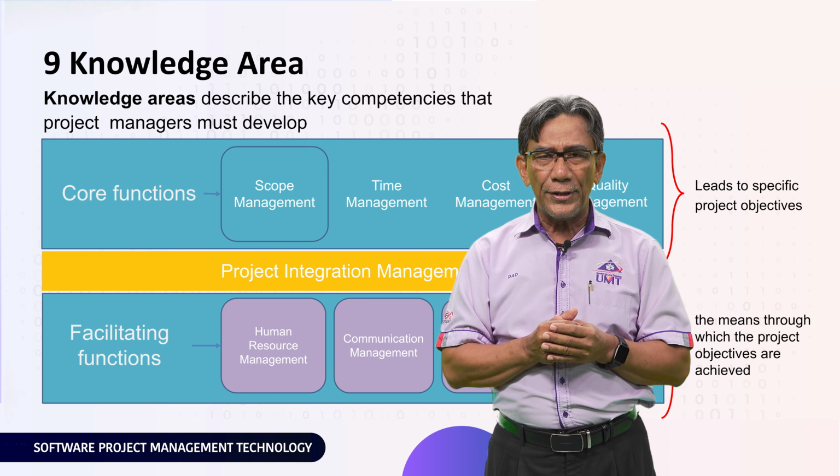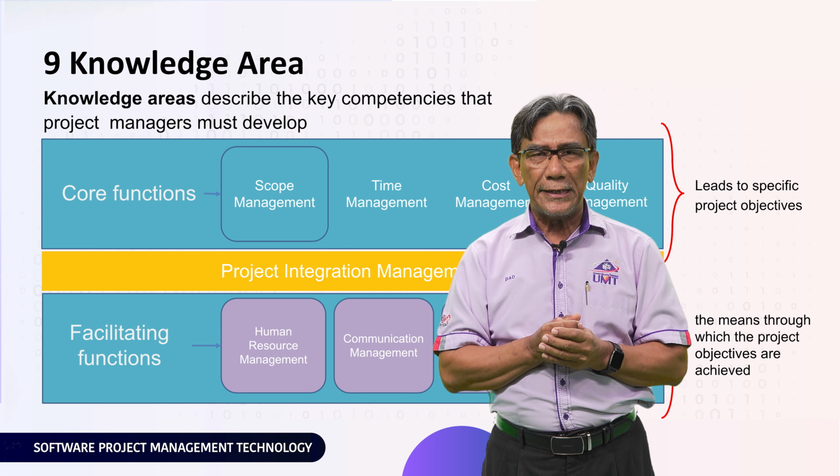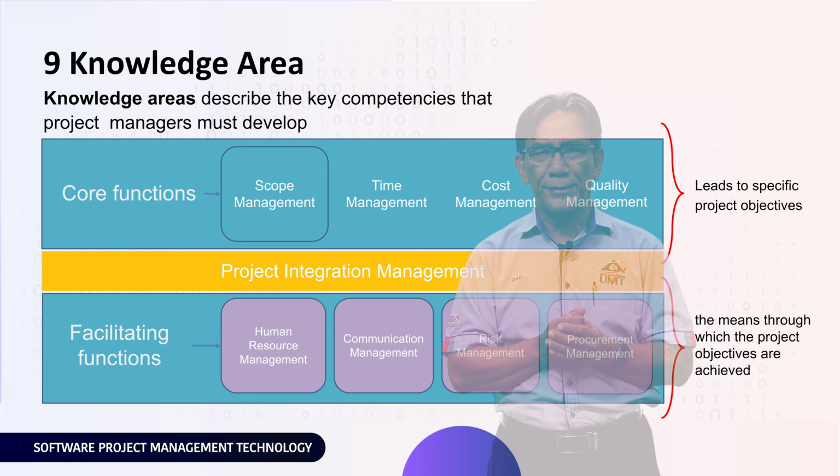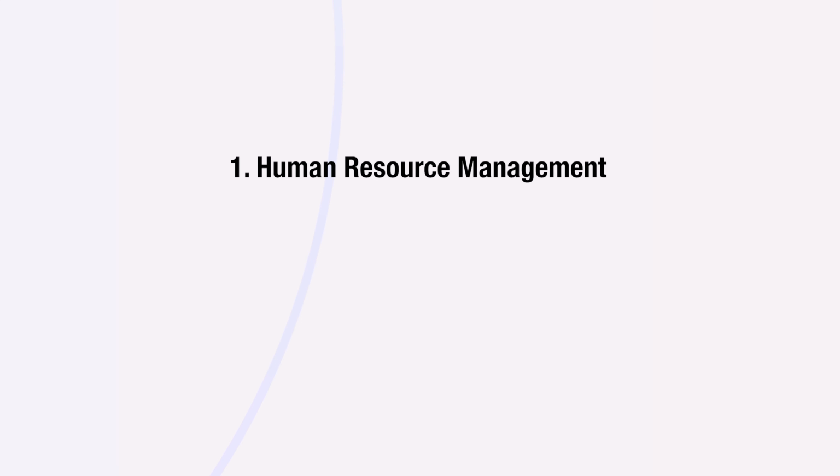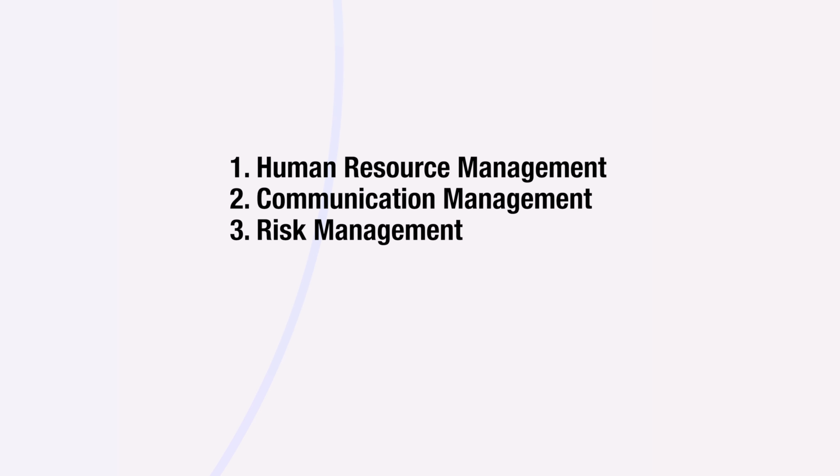The other knowledge areas, also known as the facilitating functions through which the project objectives are achieved, are: number 1, human resource management; number 2, communication management; number 3, risk management; and number 4, procurement management.